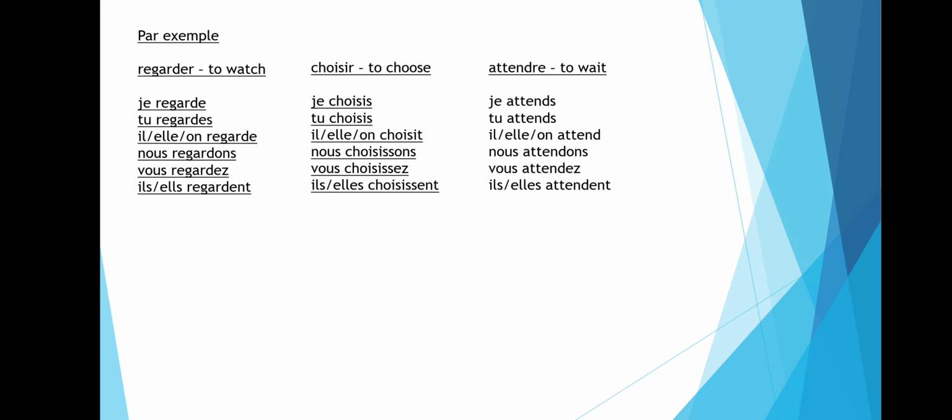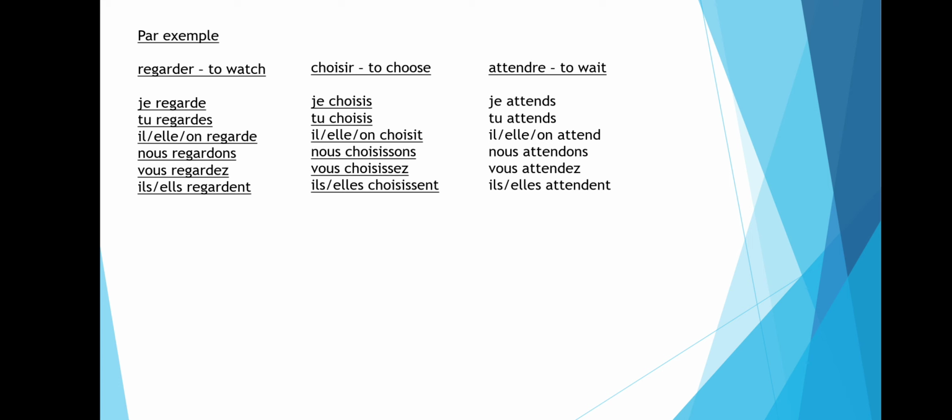So let's look at examples. Regarder, to watch, is an er verb. So you take off the er for each of them and add e to je, es to tu, e to il, elle, on, ons to nous, ez to vous, and ent for ils, elles. For ils, elles, it should be E-L-L-E-S.